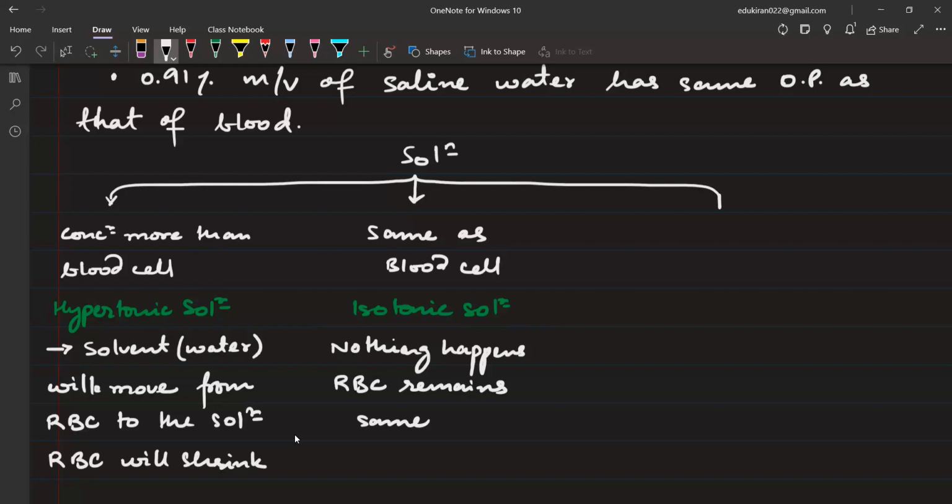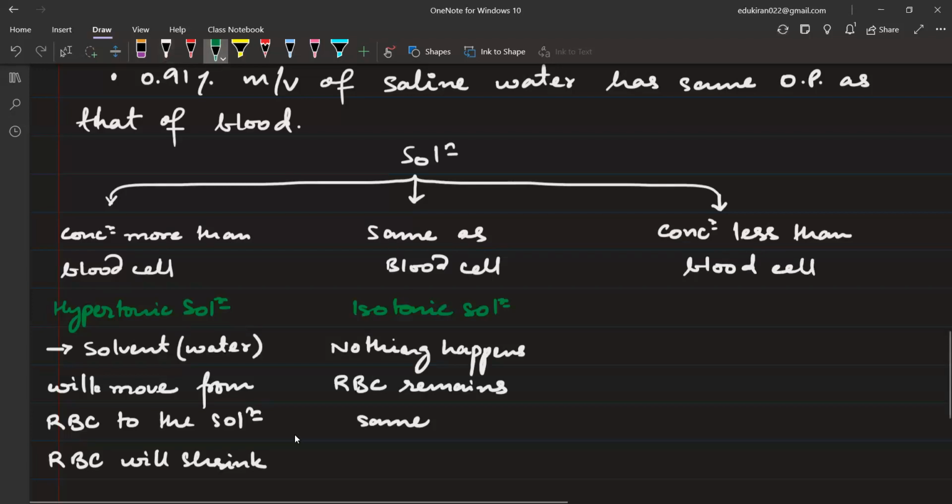Now, if we add a concentration less than blood cell, then what is going to happen? Please see: hypotonic solution. In a hypotonic solution, the concentration of the solution is less than blood cell.